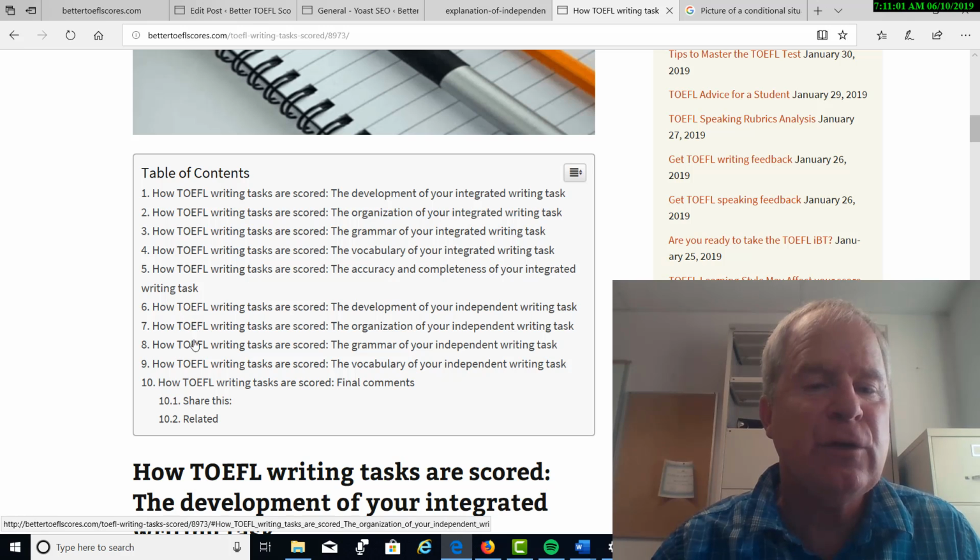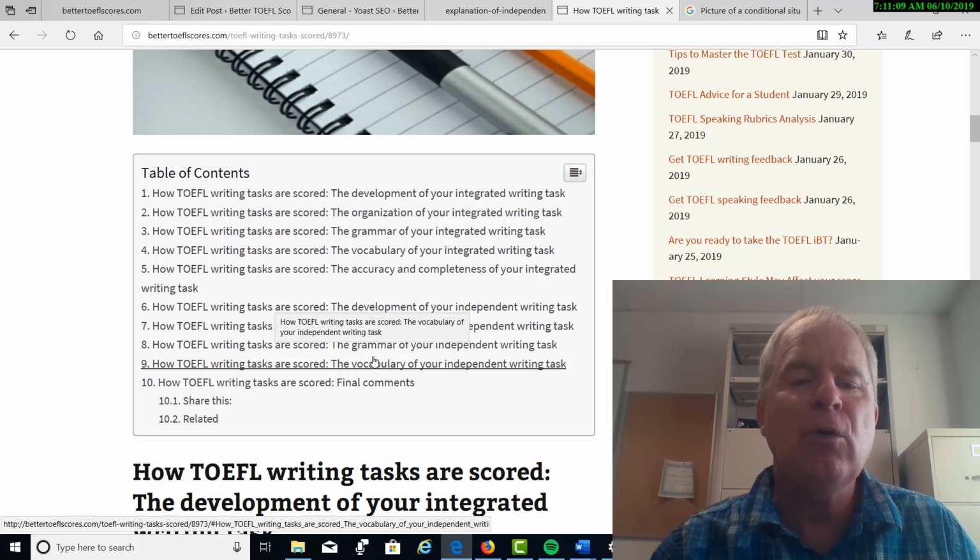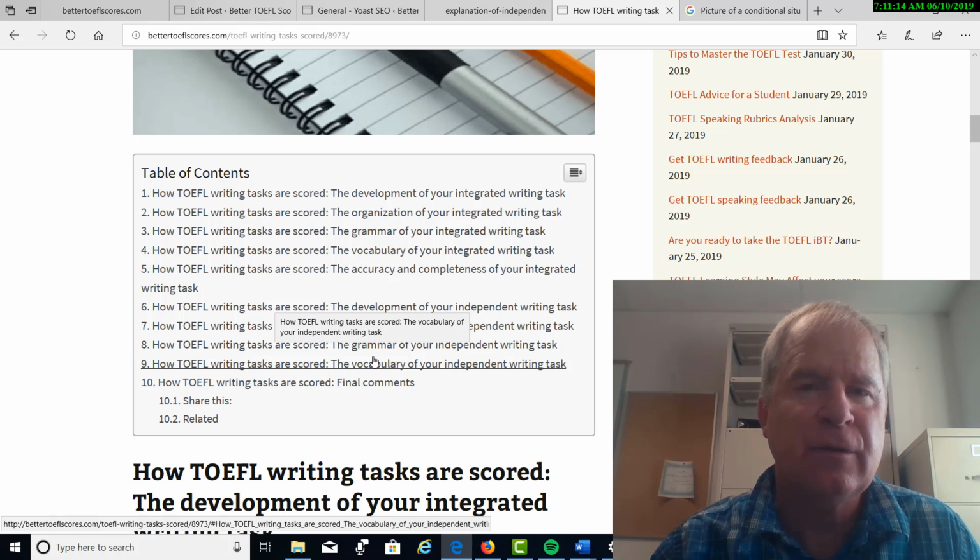Now, topics 6 through 10, similar areas. It will help you understand the development, organization, grammar, and vocabulary that you need in order to get a high score on the independent writing task.